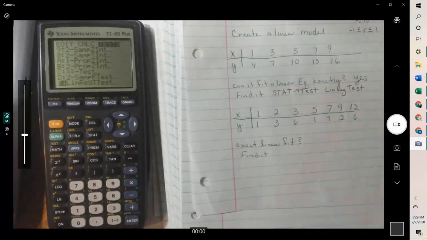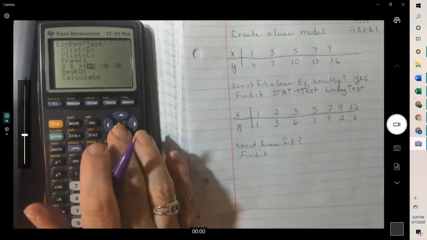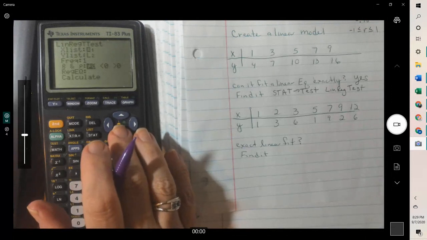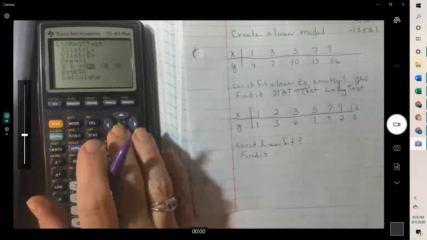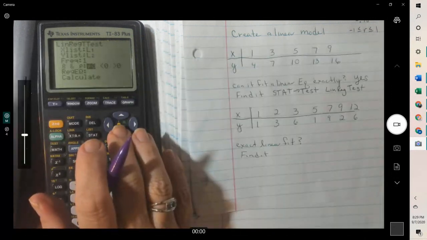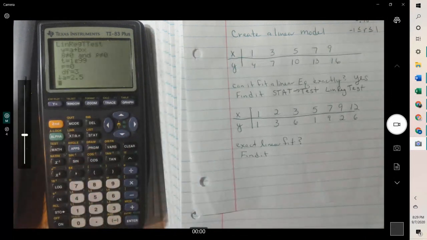Now you could just do linear regression, but this way we'll find our R also. So you hit enter. See L1 and L2, that's your X and your Y. And I put X in L1, and I put the Y values in L2. Leave frequency 1, and then for this test, leave it not equal to. Go to Calculate and hit enter.